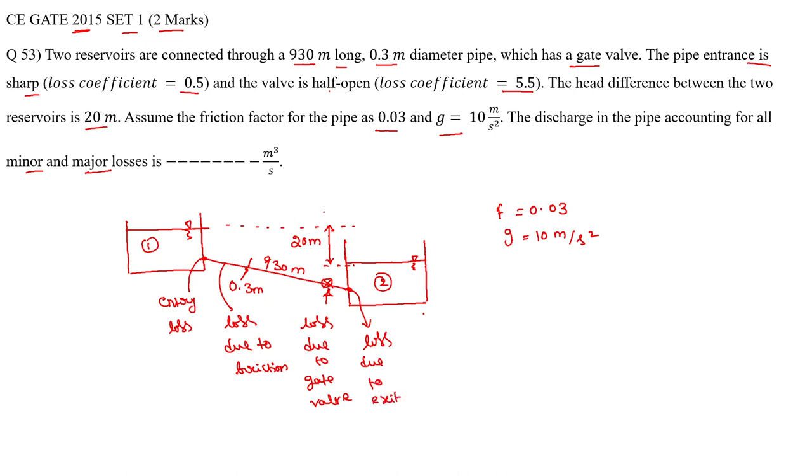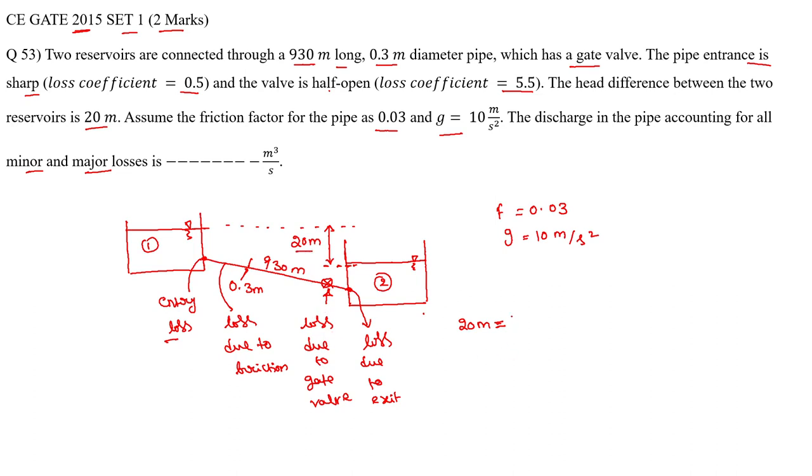Suppose the total head difference between these two reservoirs is observed to be 20 meters. Why is this 20 meter difference observed? Because of these losses. If we sum all the losses the flow encounters, we will get this 20 meter loss.